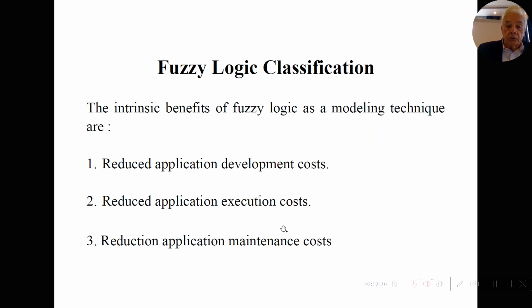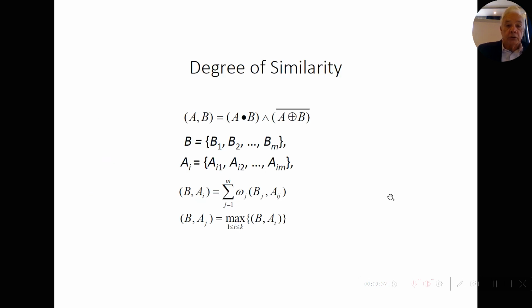So we have fuzzy vectors receiving, and what is the advantage of the physiologic classification? Reduced application development cost, reduced application execution cost, and reduced application maintenance cost.